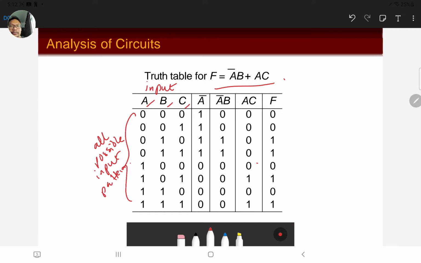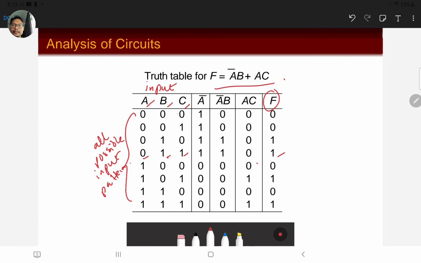The objective is to find the output F for a given ABC. For example, if I give 0, 1, 1, what should be my F? The answer is 1.